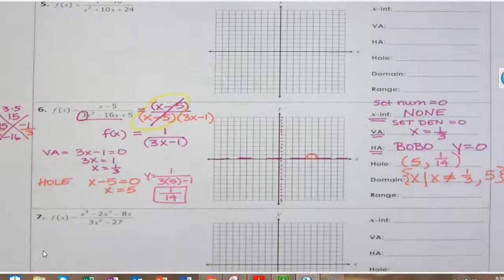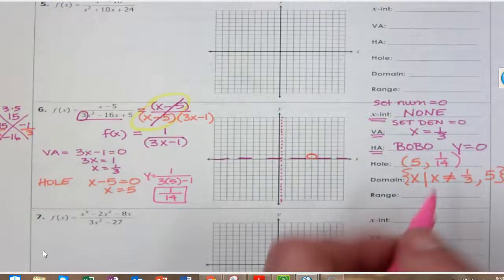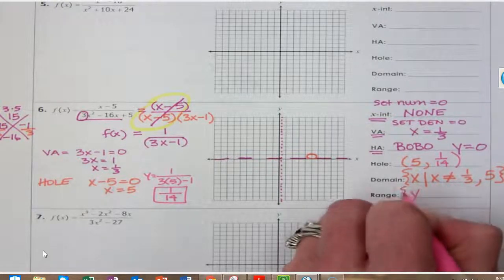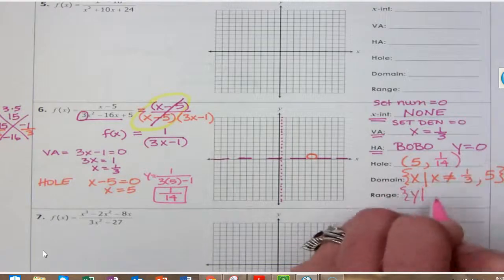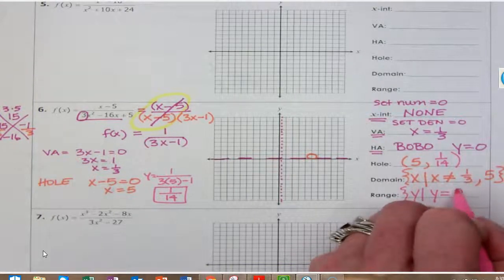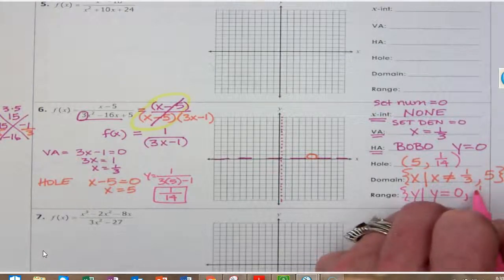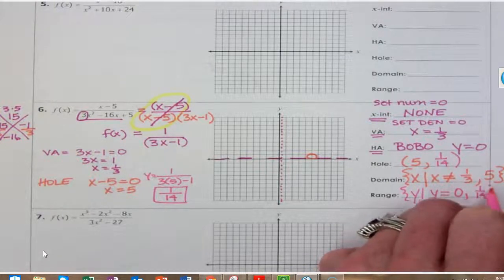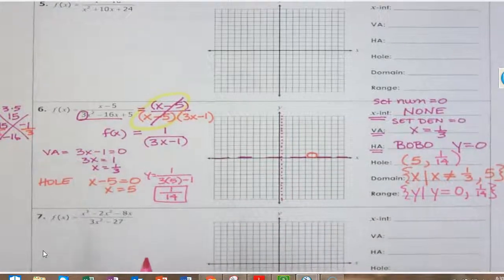My range is going to be the numbers where y is the set of all real numbers except the horizontal asymptote and the y value of the hole. So now I'm going to look at my graph and see what it's supposed to look like.